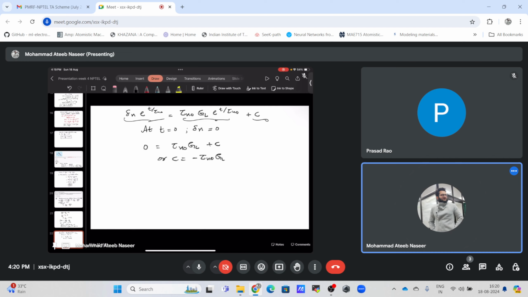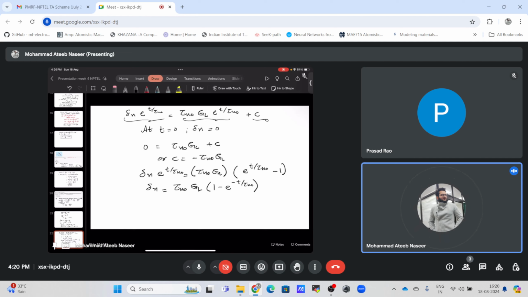Yes, it is correct. So delta n exponential of t by tau n naught is equal to tau n naught GL times exponential of t by tau n naught minus 1, or simply this excess electron concentration is equal to tau n naught GL times 1 minus exponential of minus t by tau n naught.